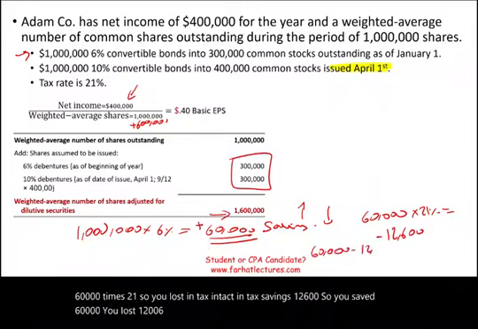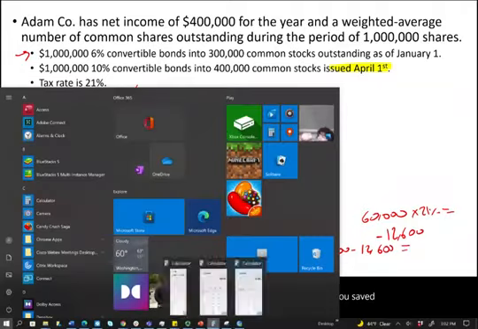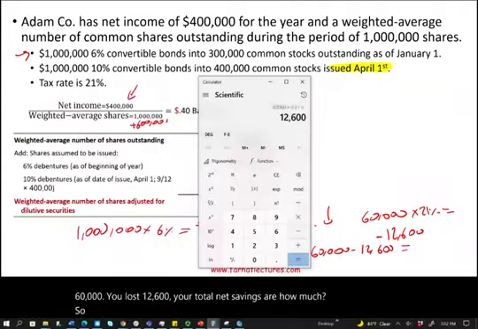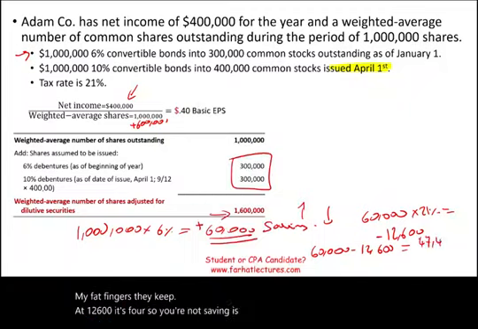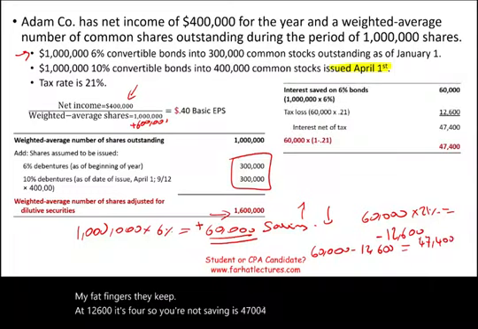Your total net savings are how much? 60,000 minus 12,600. So your net saving is 47,400.